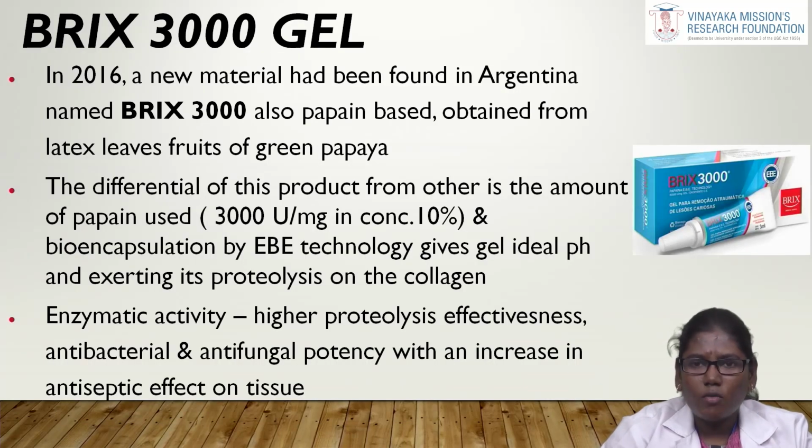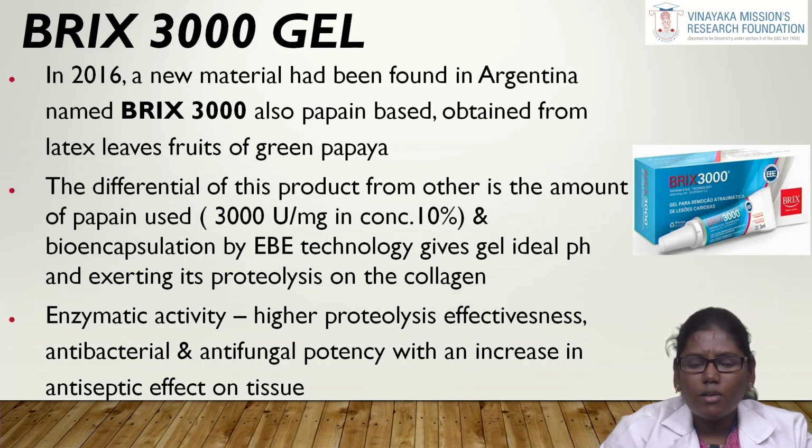Next, the last and most recently evolved chemomechanical agent is Brix 3000, which was introduced in the year 2016 and was founded in Argentina. It is also a papain-based chemomechanical agent, obtained from the latex of leaves and fruits of green papaya.